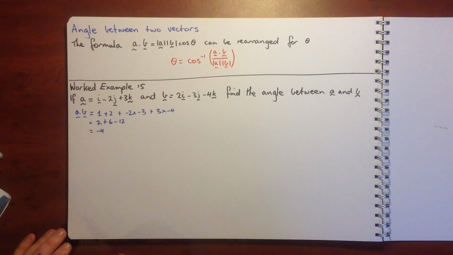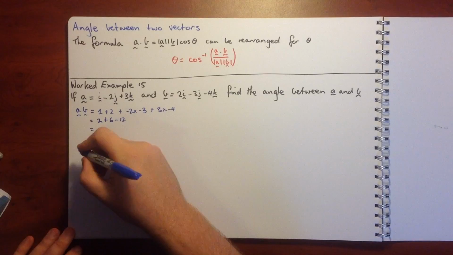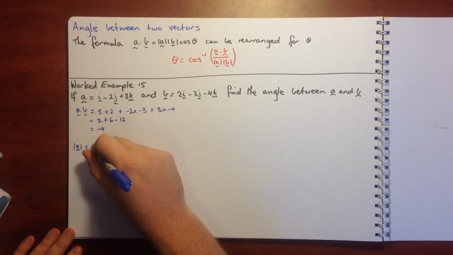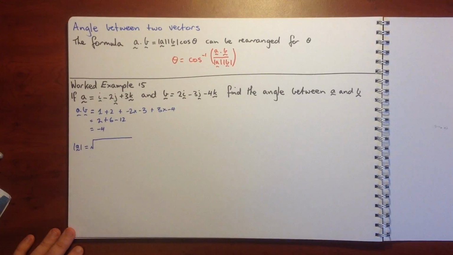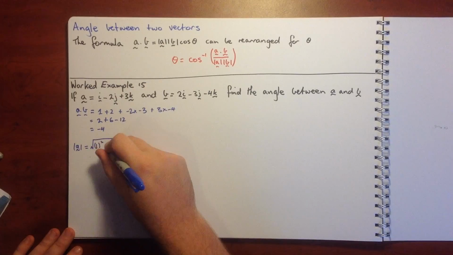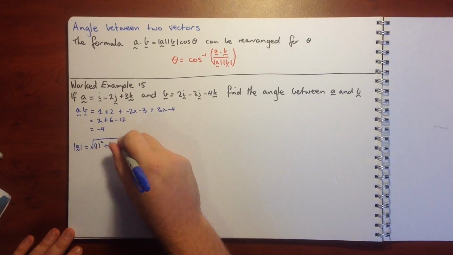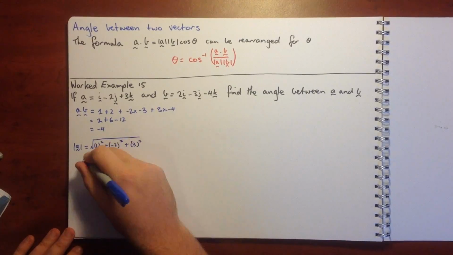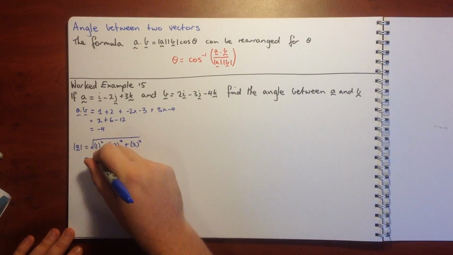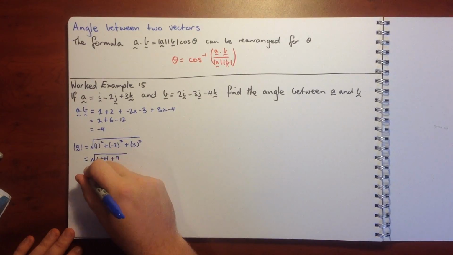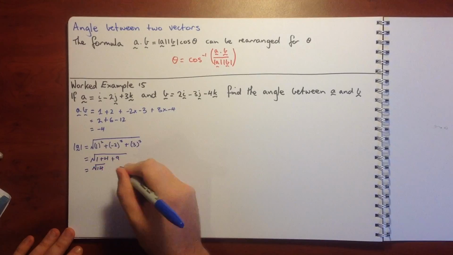Now we need to look at the magnitude of A and the magnitude of B. So the magnitude of A, remember we do our three-dimensional Pythagoras, so it's coefficients squared, so 1 squared plus minus 2 squared plus 3 squared, which equals the square root of 1 plus 4 plus 9, which equals the square root of 14.